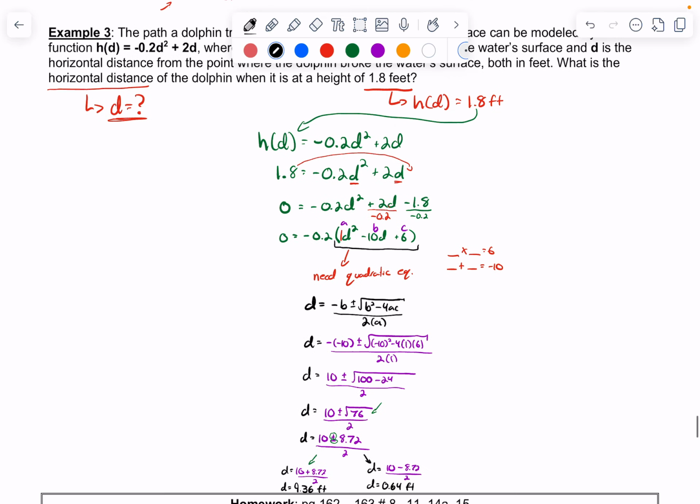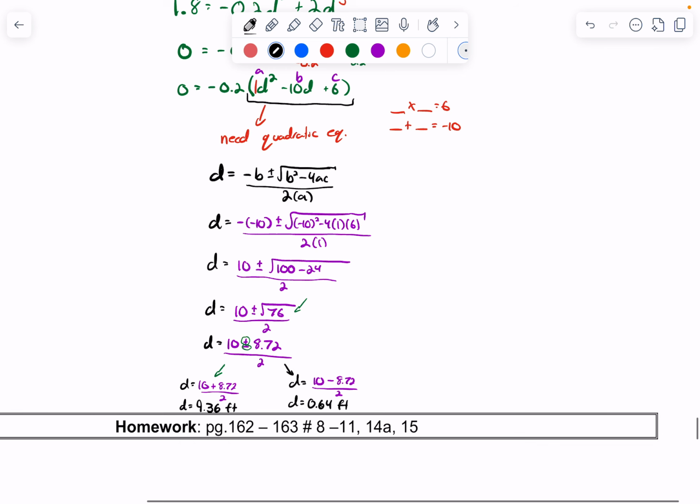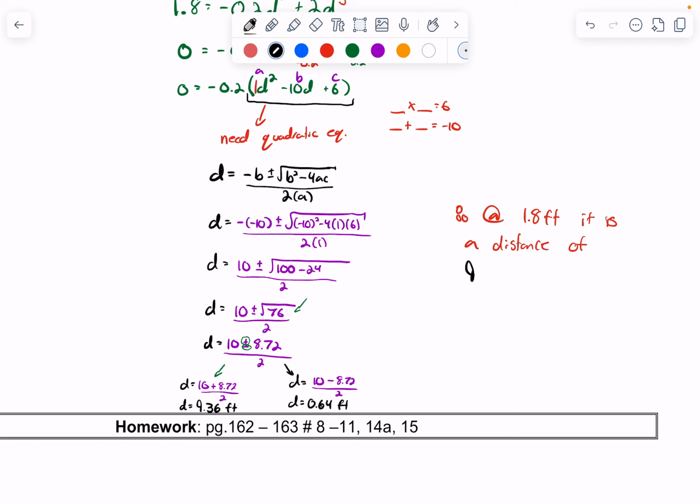Okay, so in the context of the problem: what is the horizontal distance of the dolphin when it is at a height of 1.8 feet? Well, at 1.8 feet, it is at a distance of 9.36 feet and 0.64 feet.